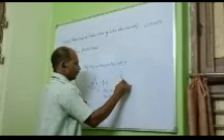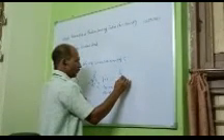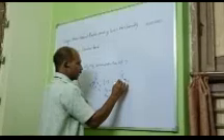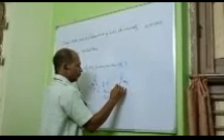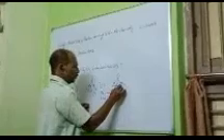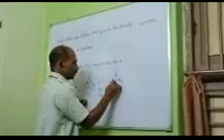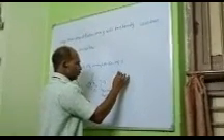Now come to the NF3 molecule. In case of NF3, as fluorine is more electronegative than nitrogen, the electron density is towards fluorine. That means the bond moment acts like this, in the opposite direction to the moment due to the lone electron pair.